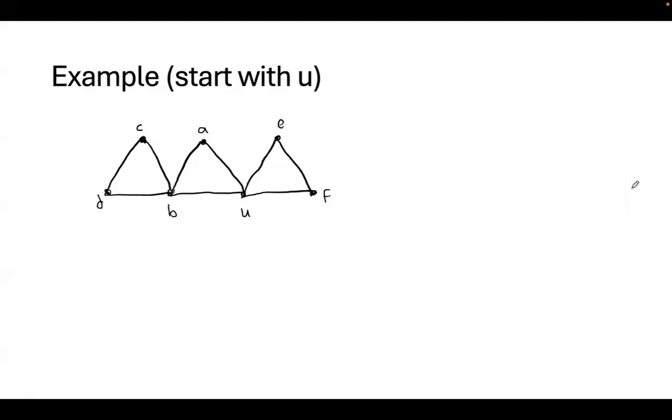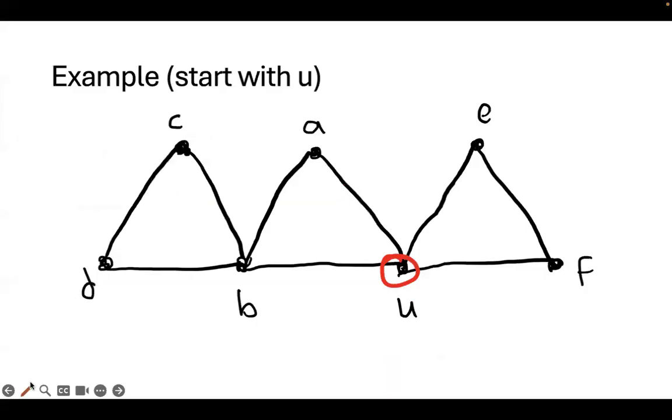Okay. So let's do an example. In this example, we start with U. And there are many options that we can take. The one that the book takes in the example is the edge with A. Since none of these options are bridges at the moment, we can just choose one and go along with it.